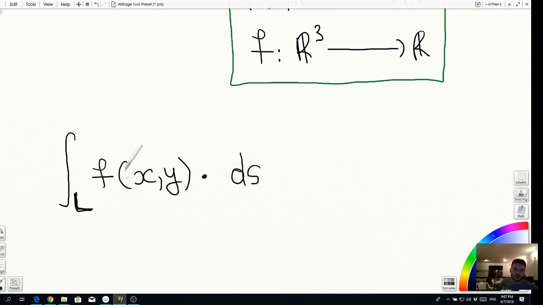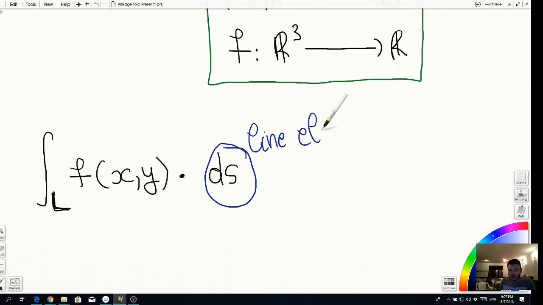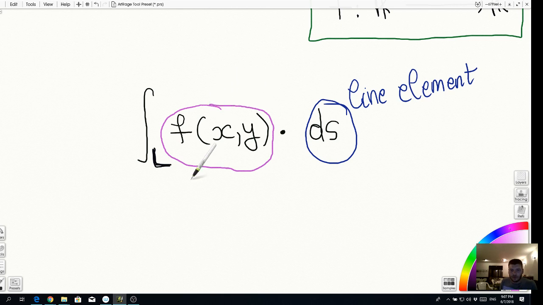Okay, this is our scalar field, two-dimensional scalar field, and this object here is called the line element. And this is a scalar field from R2 to R.